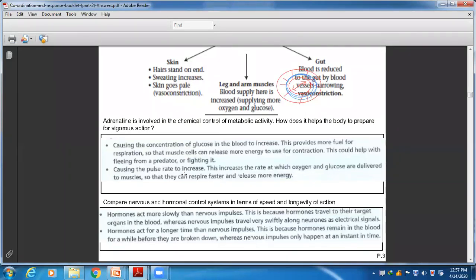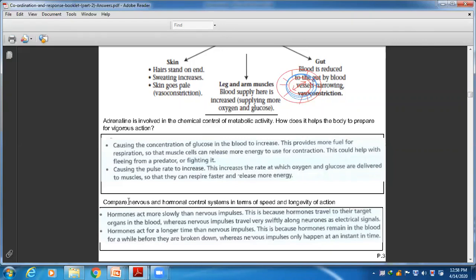Now compare nervous and hormonal control systems in terms of speed and longevity of action. We discussed the nervous system and hormonal coordination. Nervous coordination is that coordination in which your nerve cells are involved, in which changes come by the traveling of impulses in your neurons.